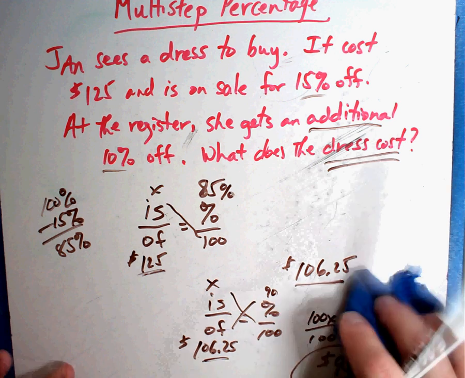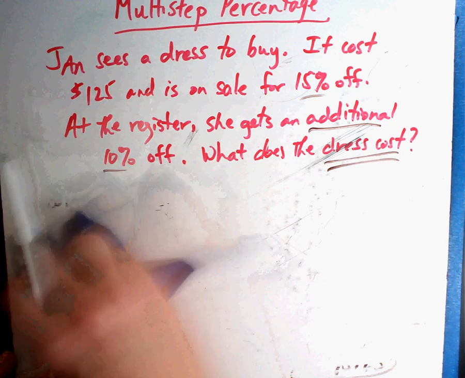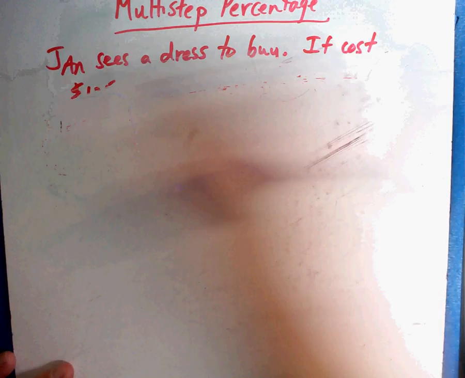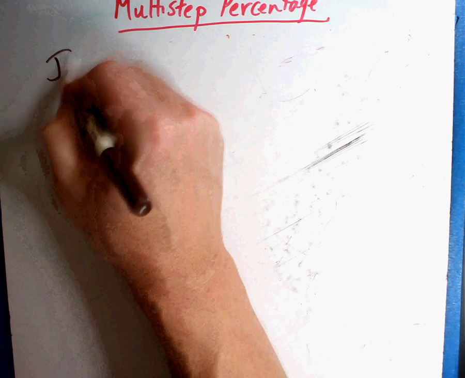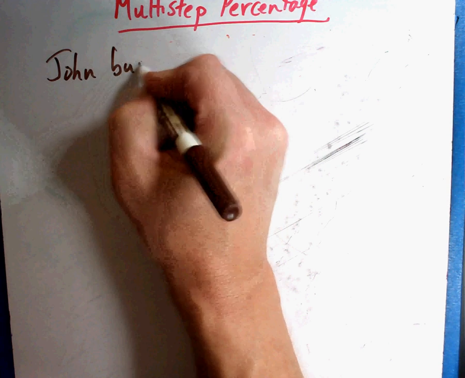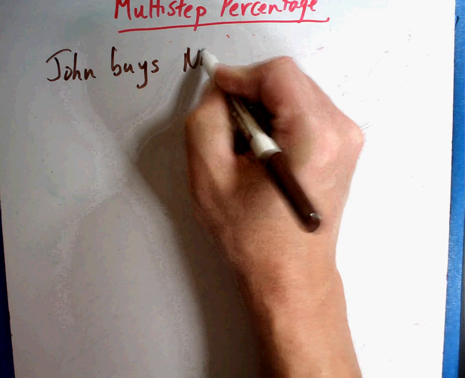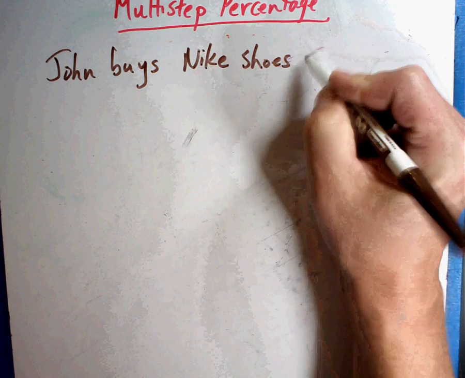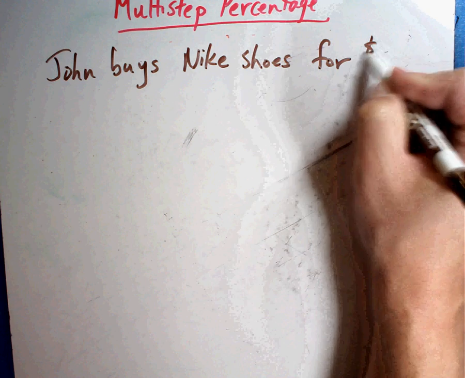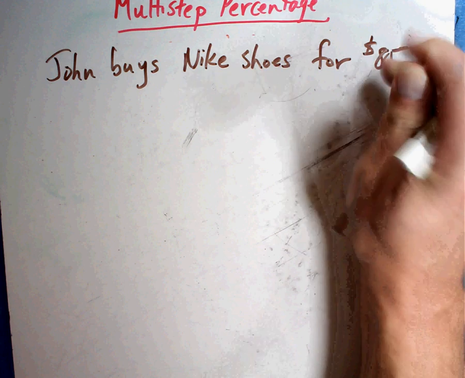Here's a second example. John buys some Nike shoes for $85.